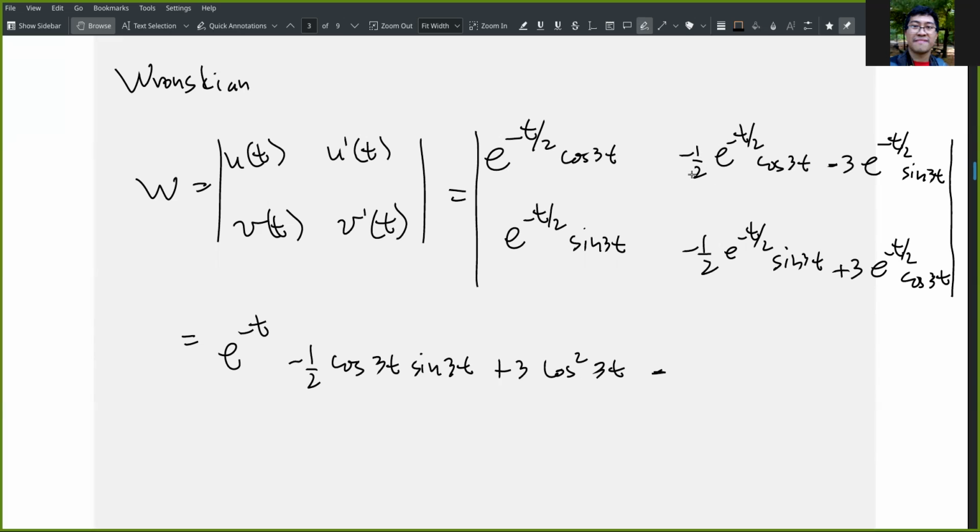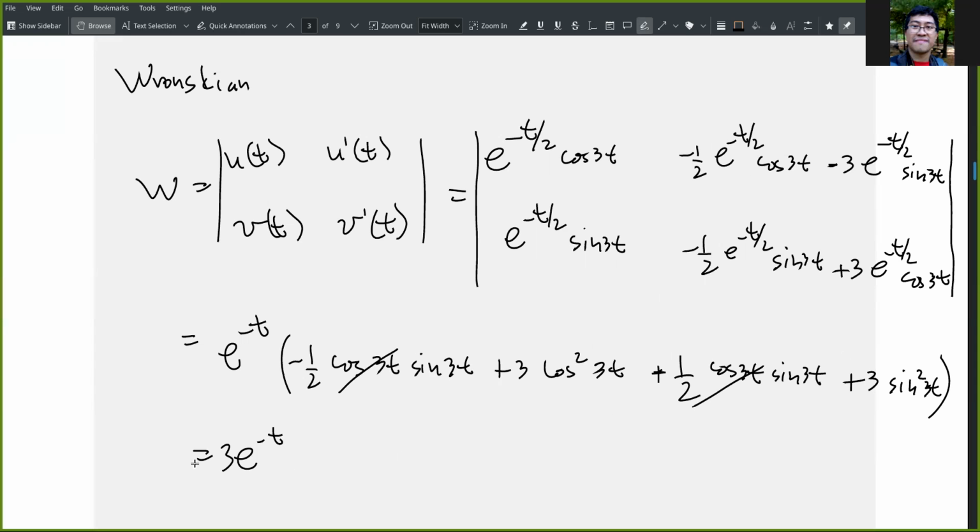Minus this and this, there's a minus sign, which becomes plus 1 half cosine 3t sine 3t, and then another plus 3 sine squared 3t. This and this cancel. Cosine squared 3t plus sine squared 3t is 1. So you have e to the minus t times 3. Again, this is not equal to 0.